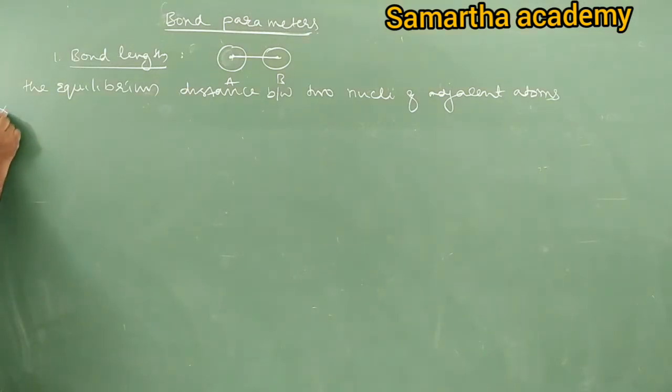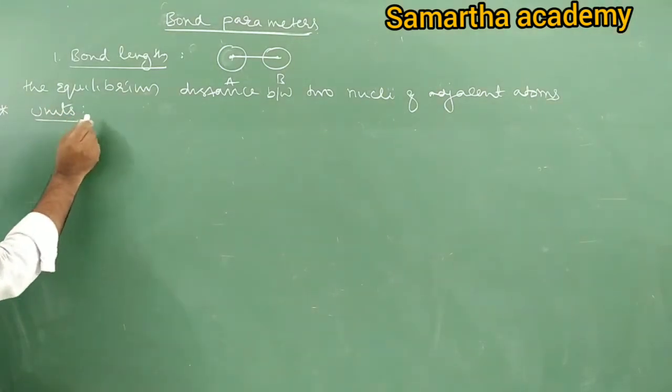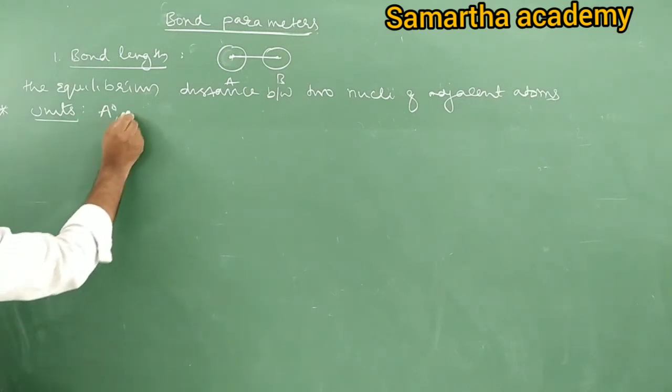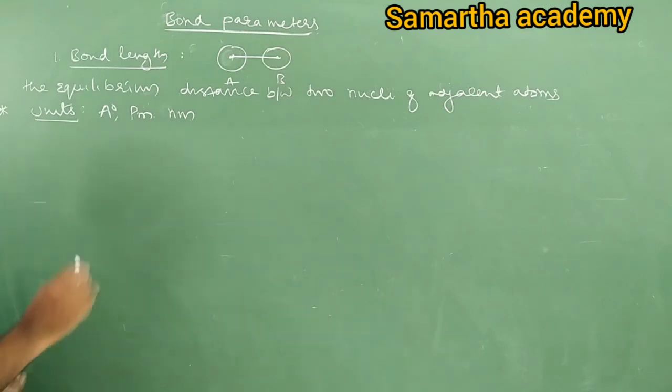Okay. Next, can you tell me what the units of bond length are? It is length, no? Small units: angstrom, picometer, nanometer. In classification of elements I gave the interconversions.